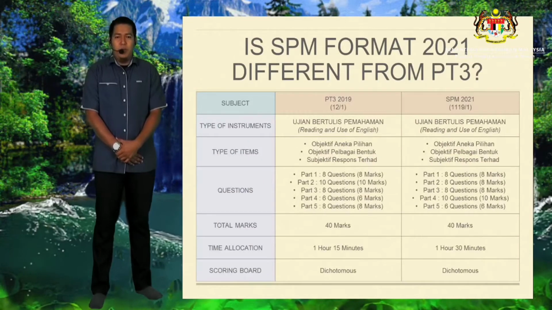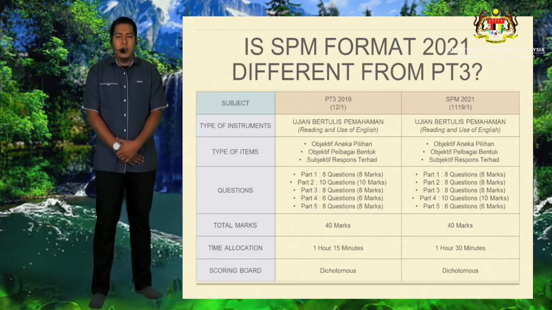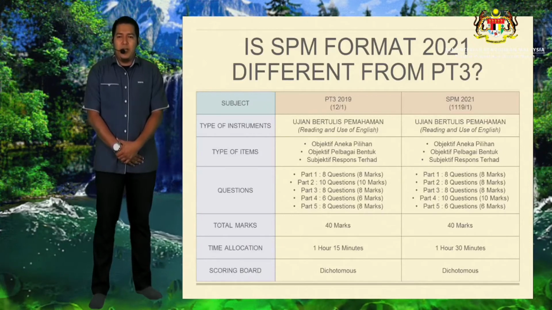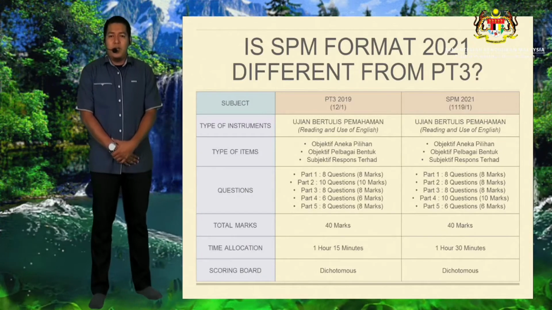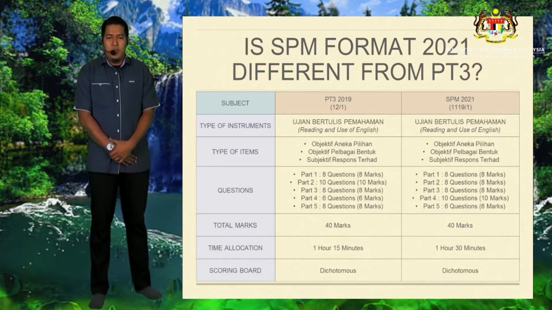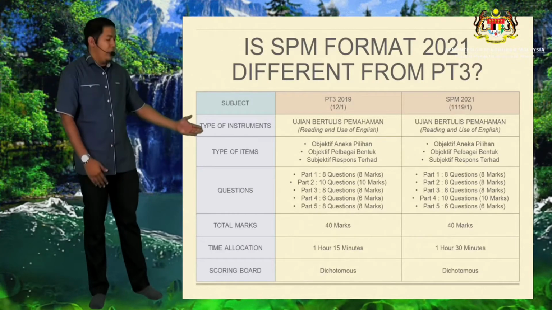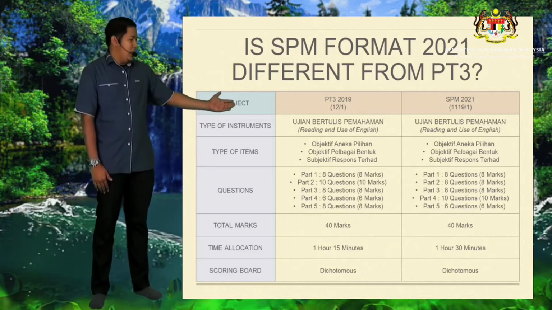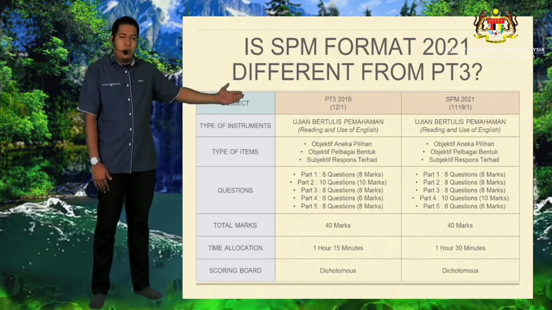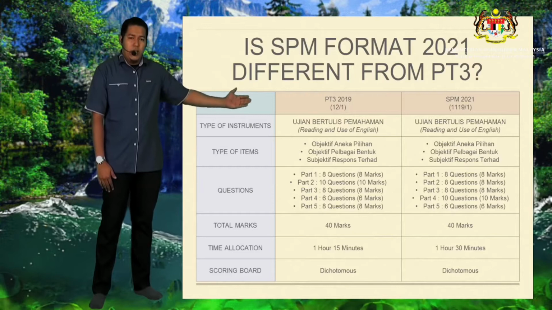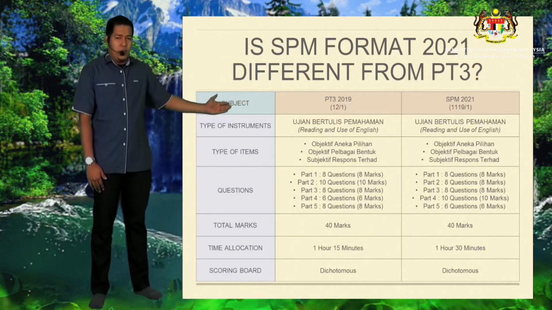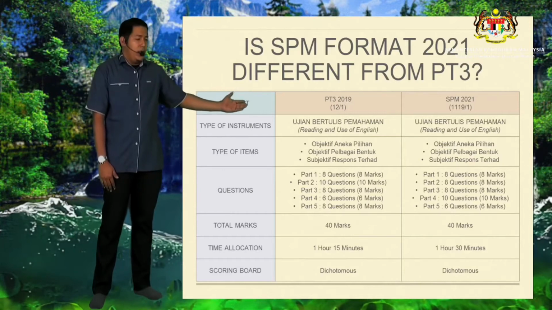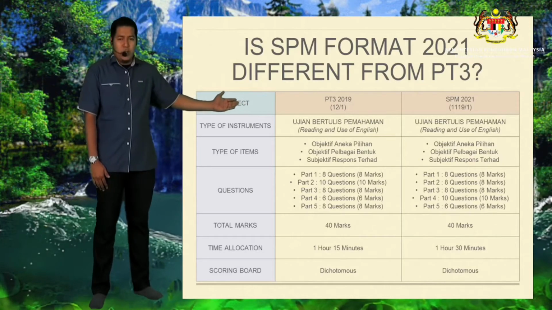So before we move further, let's look at the differentiation between PT3 and SPM format 2021. First of all, look at the type of instrument. Both PT3 and SPM 2021 share the same type of instrument, which is ujian bertulis pemahaman reading and use of English.